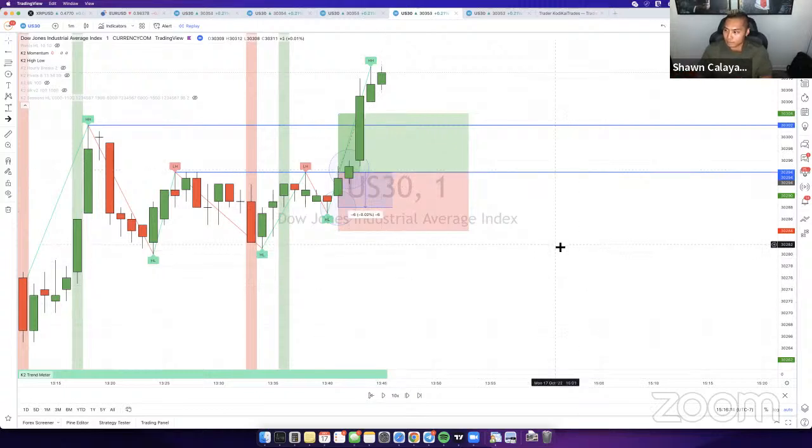Let's see. CT said, "I've been looking at taking entry at body top of high-low candle for buys and body bottom on sells." Yeah, no, that's pretty solid too, CT, because the thing with what you're mentioning is that again, you're taking a step forward, right?